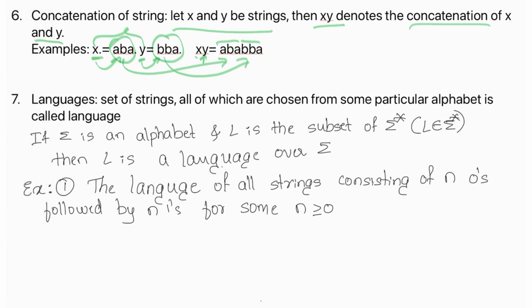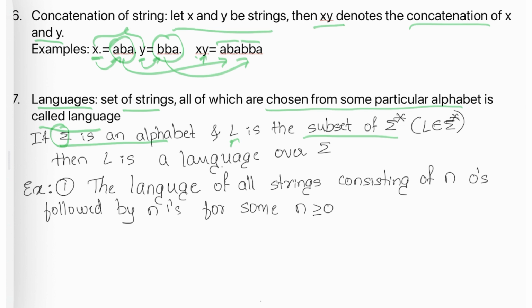Next is languages. So what are languages? A set of strings, all of which are chosen from a particular alphabet, is called a language. So say for example, if summation is an alphabet, then L is the language which is the subset of this summation star.